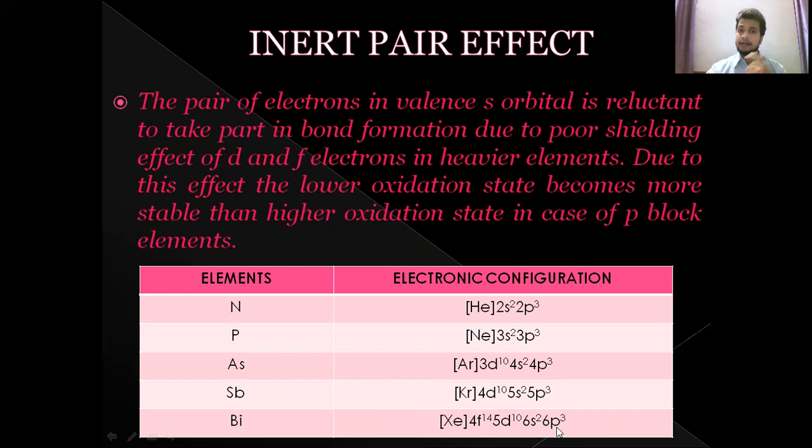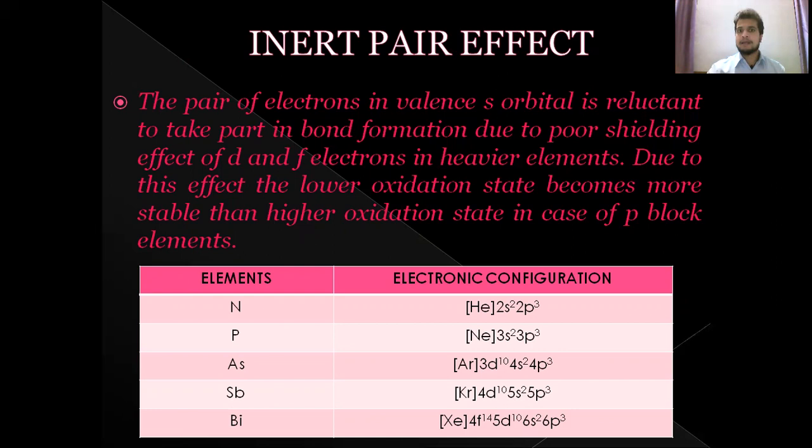Because of which, the attractive force which this s electron will experience will be very high. As a result, this s electron will not be easy to unpair and take part in bonding. It will be reluctant to take part in bonding because of the high nuclear charge it experiences due to the poor shielding effect of D and F electrons.